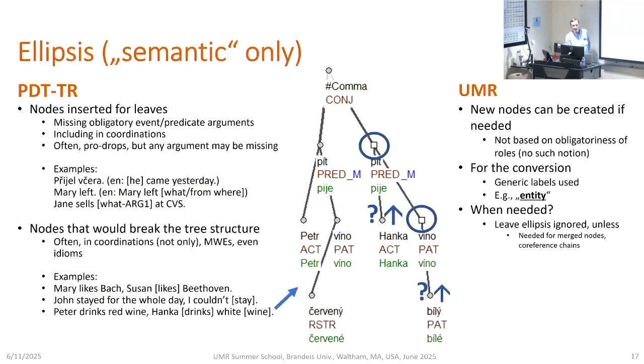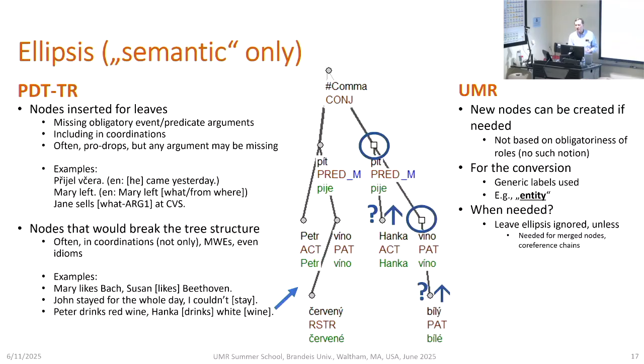Now, ellipsis is another phenomenon which we have handled in quite some detail in PDT, and there are many types of ellipses. I talk about the ellipsis at the semantic level. In this case, two types are prevailing. One is that an argument is missing, which in Czech happens often because it's a pro-drop language, like many languages we have been talking about here.